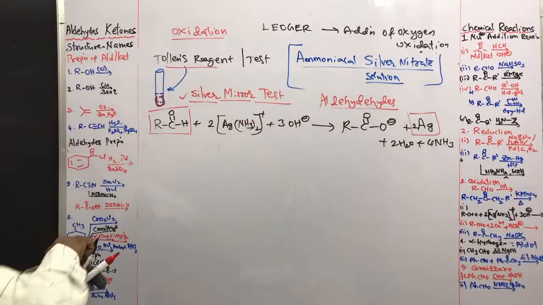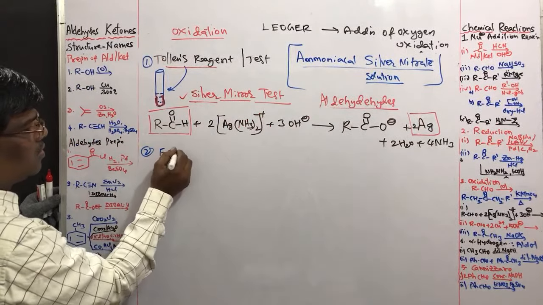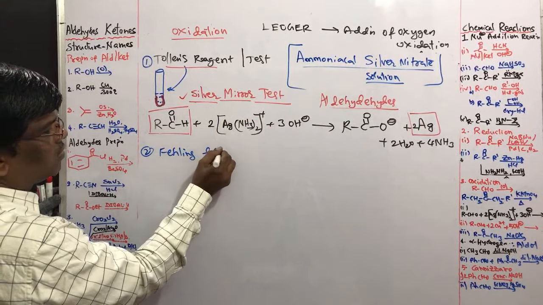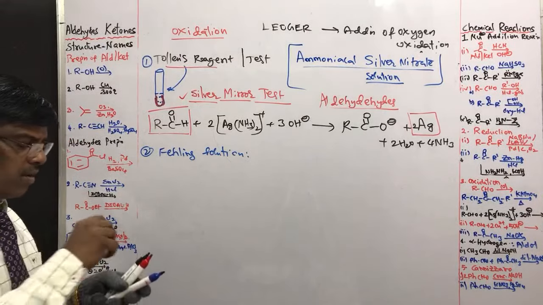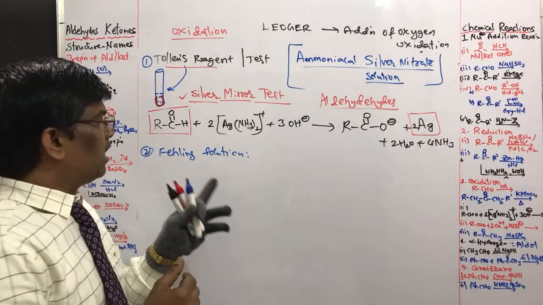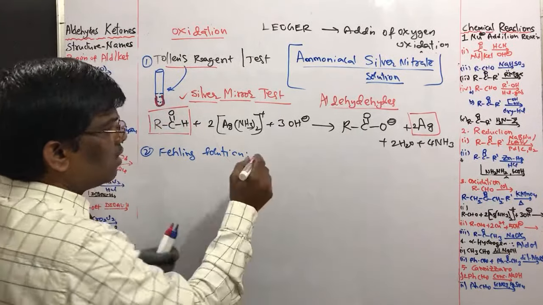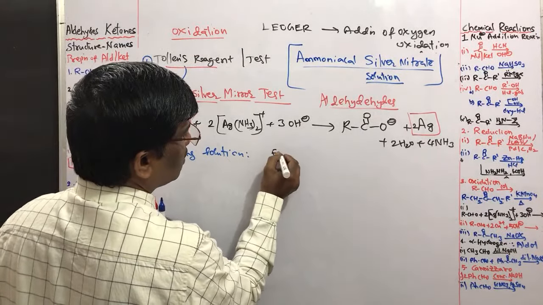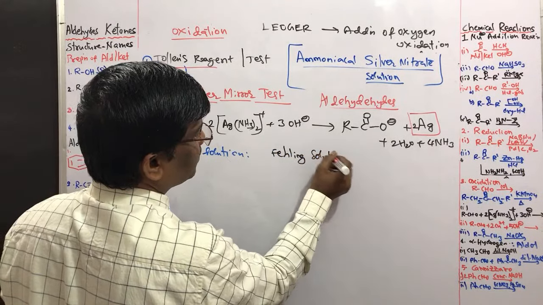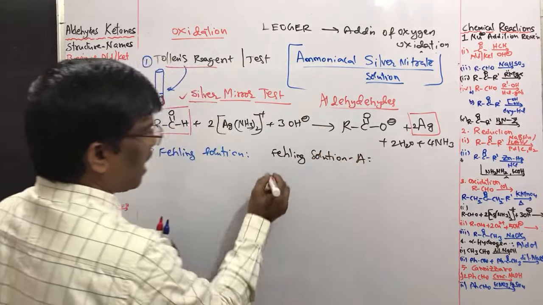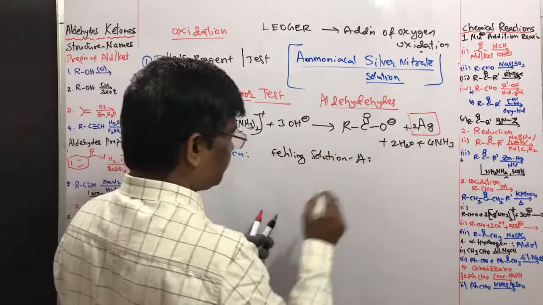Next, Fehling's solution. For Fehling's solution, you will get 2 solutions separately and you have to mix them before testing the aldehyde. Fehling's solution A, in the laboratory you will get Fehling's solution A. It is an aqueous solution of copper sulfate.